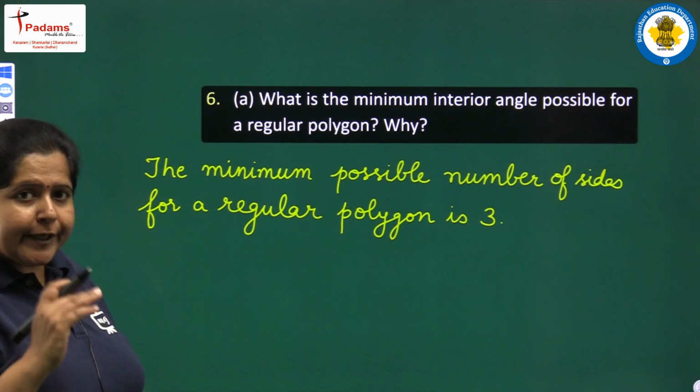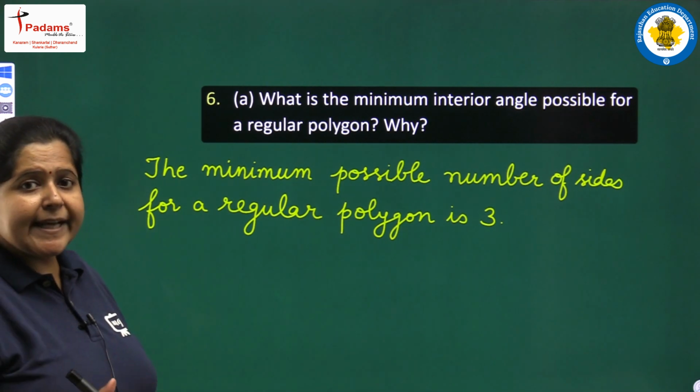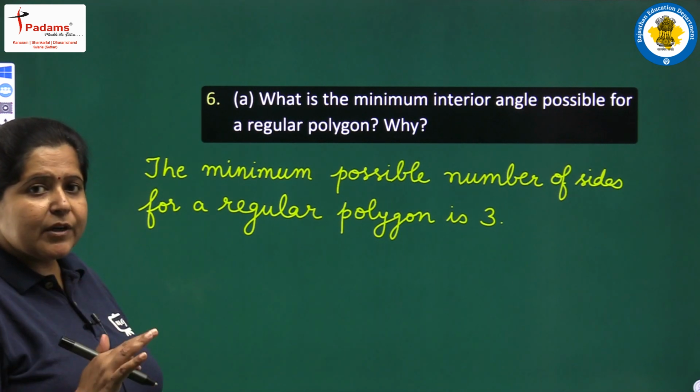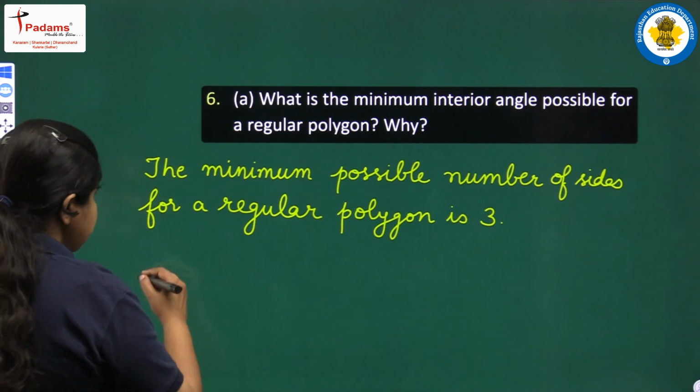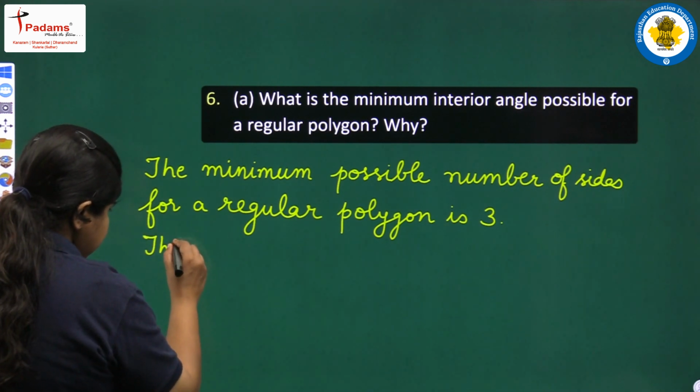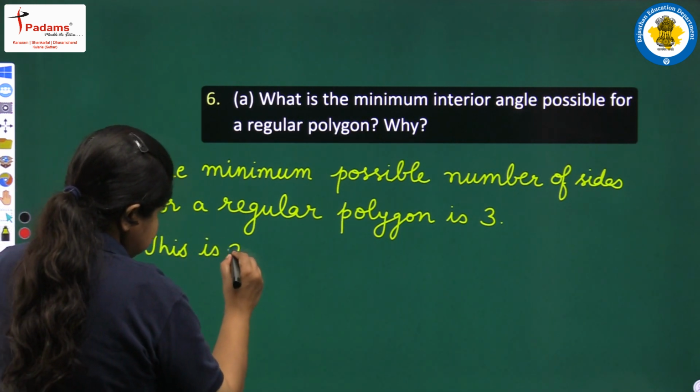For forming a polygon, we need at least 3 line segments, or we can say the minimum number of sides will be 3. This will be an equilateral triangle.